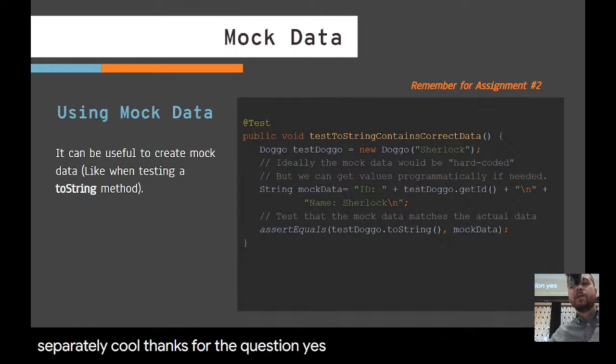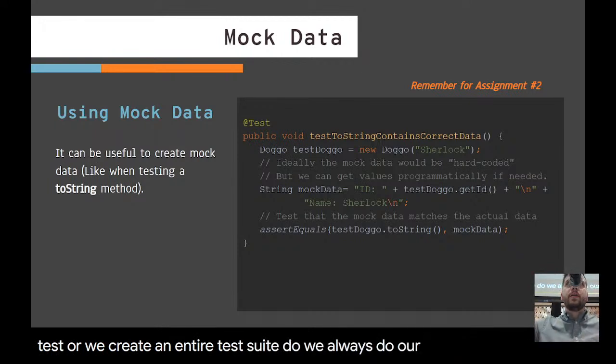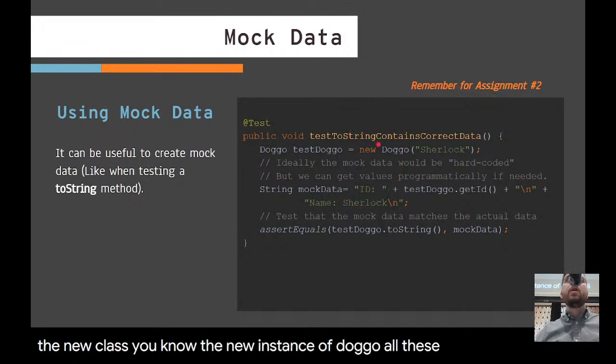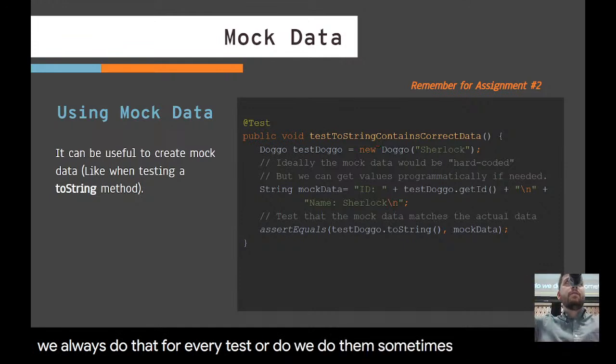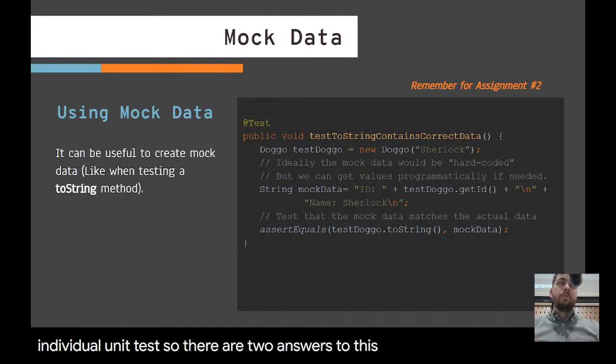When we create an entire test suite, do we always do our arranging, setting up the new instance of Doggo, for every test, or do we sometimes do it outside of the individual unit test? There are two answers to this question.